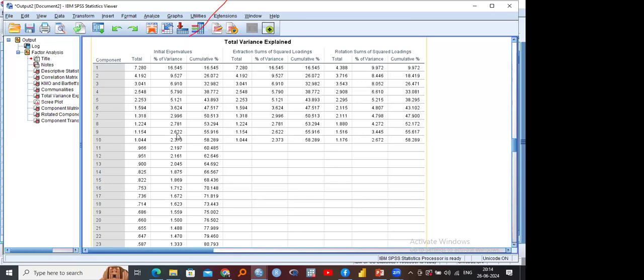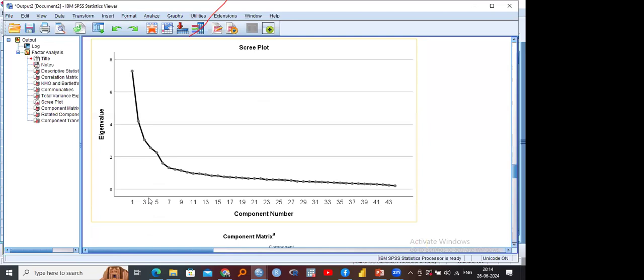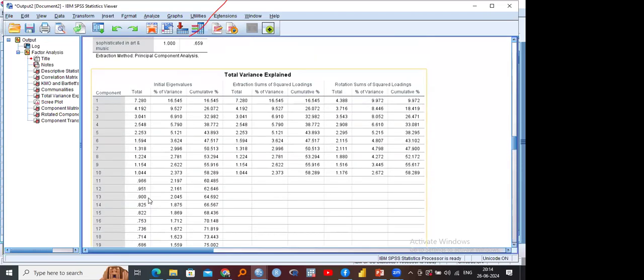There are 2 ways by which you can decide. One, on the basis of initial eigenvalue, and second, on the basis of this scree plot. Okay, remember we have selected the scree plot. So one, you can decide it on the basis of this scree plot, and another way is by looking at the value of initial eigenvalue. This. Okay.